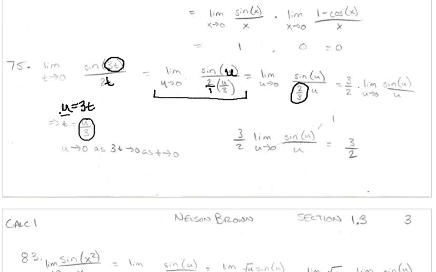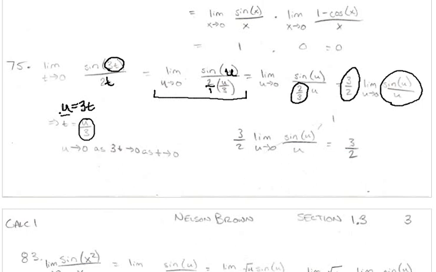So I have division by this fraction right here, which is the same thing as multiplication by that reciprocal, right? So if I have sine of u over 2/3, I can multiply by the reciprocal of 2/3, which is just 3 over 2, and I can bring that scalar factor out of the limit. So that's the same thing as multiplying by 3 over 2 times the limit as u goes to 0 of sine of u over u. And now this is something that we know, and we can use that.